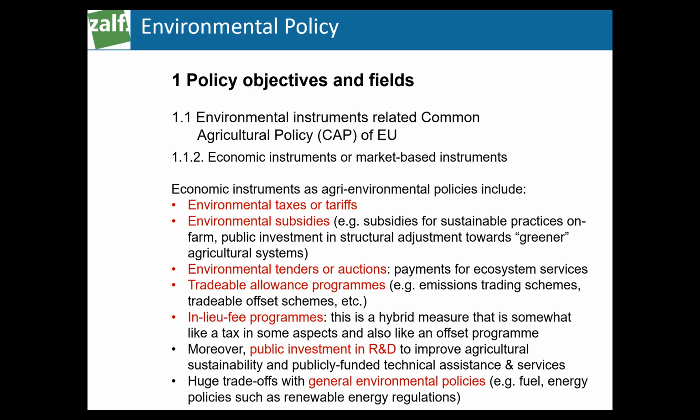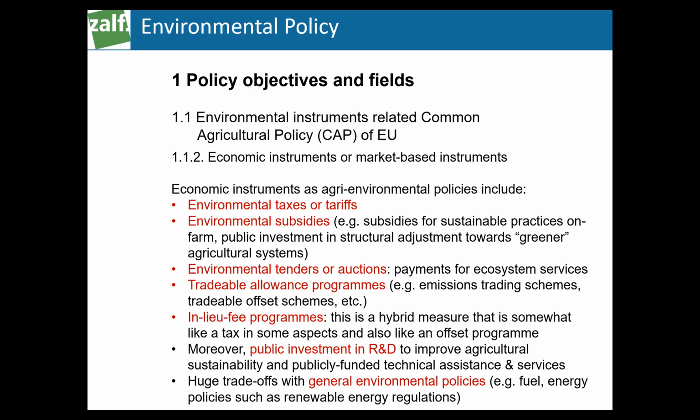Environmental subsidies, we mentioned these subsidies for practices, public investment in structural adjustment and greener agriculture systems. And this we have in our agri-environmental schemes. We will have an example of those later on. Tradable allowances, allowance programs, tradable emission trading schemes as one idea we mentioned.